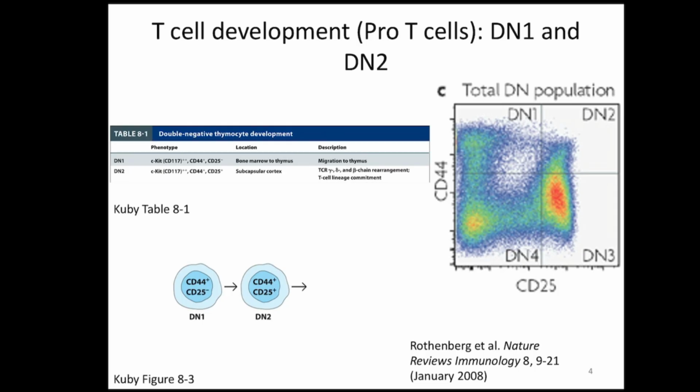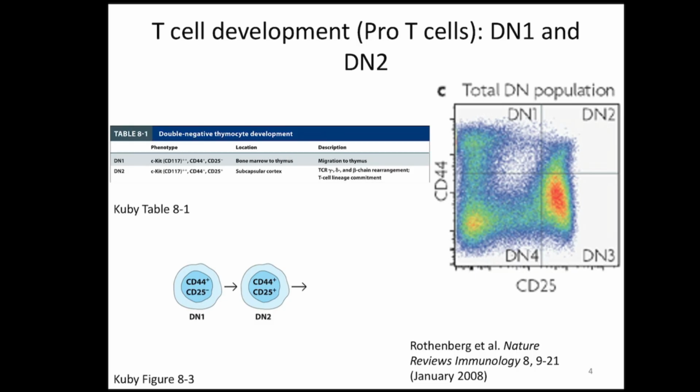DN1s are the cells that are just getting to the thymus. So DN1s are sort of the early ones who just made it to the thymus. And then DN2s are the cells that are actually starting to do rearrangement. So they're starting to do that rearrangement here.